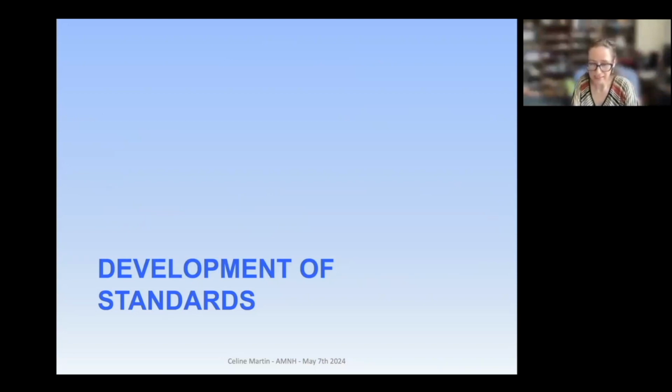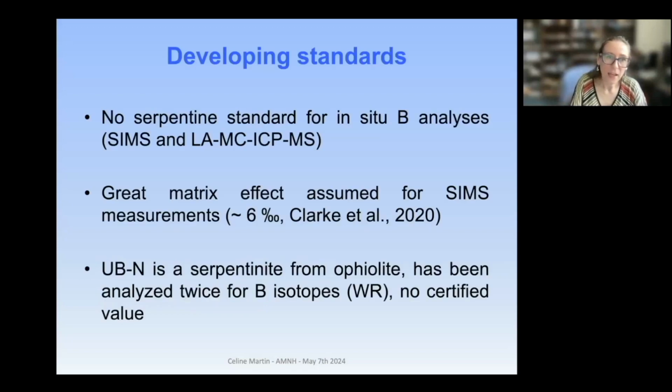Unfortunately, all these analyses have been done without a good matrix matching standard, just because there is no serpentinite standard for in situ boron analysis so far, whether by SIMS or by laser ablation. So more or less each lab does that with an in-house standard, that is more or less good. Unfortunately, often less than more.